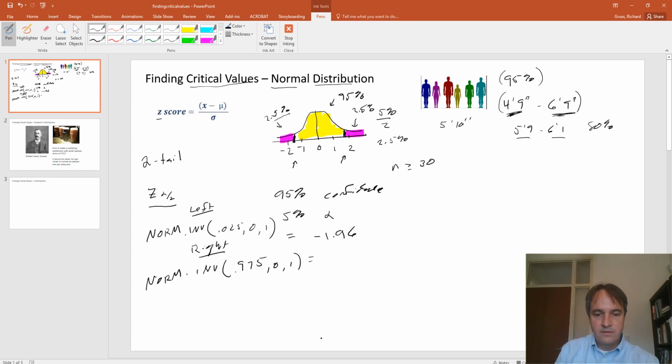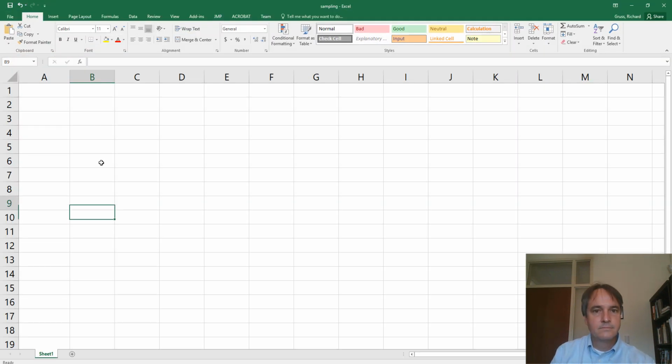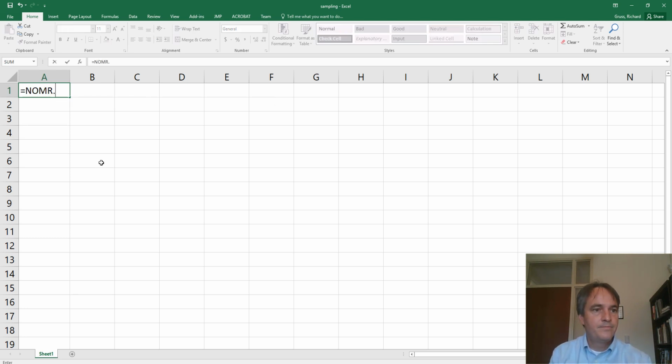Okay, so let's go ahead and do that. NORM.INV 0.975, mean 0, standard deviation of 1, and that gives us 1.96.